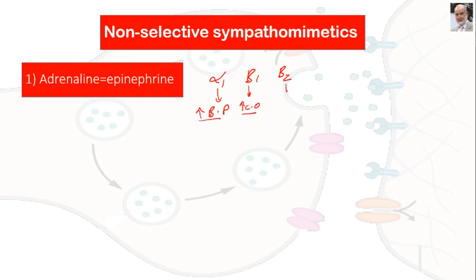The beta-2 effect, we said, will decrease the blood pressure slightly, especially in small doses of adrenaline, and it also produces bronchodilation. As we have said before, the beta-2 effect on the bronchioles is relaxation, producing bronchodilation.